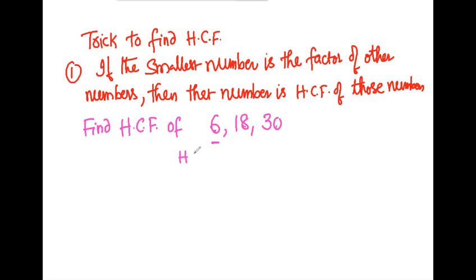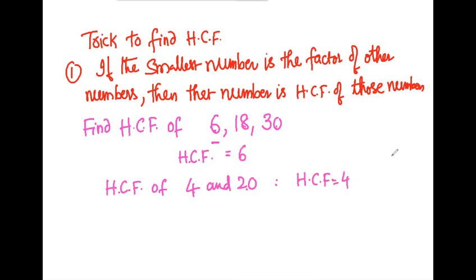Therefore, the HCF of the above numbers is 6. Similarly, HCF of 4 and 20: here 4 divides 20, therefore the HCF is 4, because 4 fives are 20.